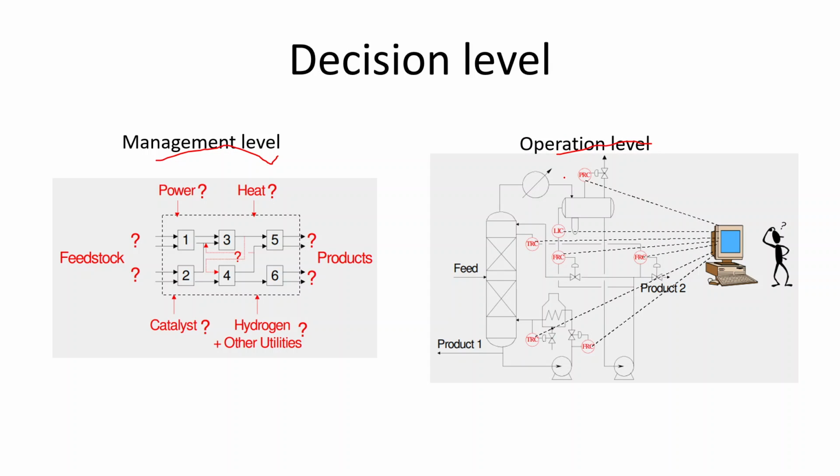The management level basically doesn't want to see what's in it, like unit 1, 2, 3, 4, 5 and so on. They only want to see unit 1, unit 2, unit 3, unit 4, 5, and 6. What they want to know is what type of feedstock and how much power, heat, utilities.